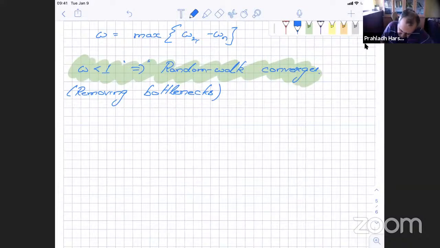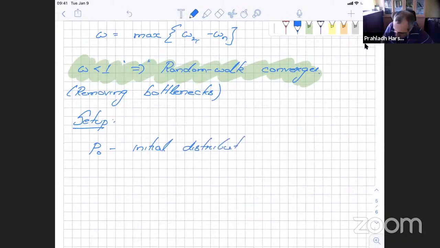Let's do the setup for this. P naught is some initial distribution on vertices, possibly supported on only one vertex.